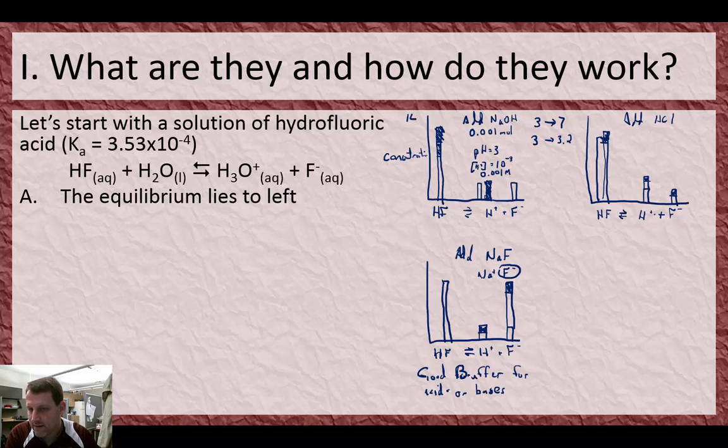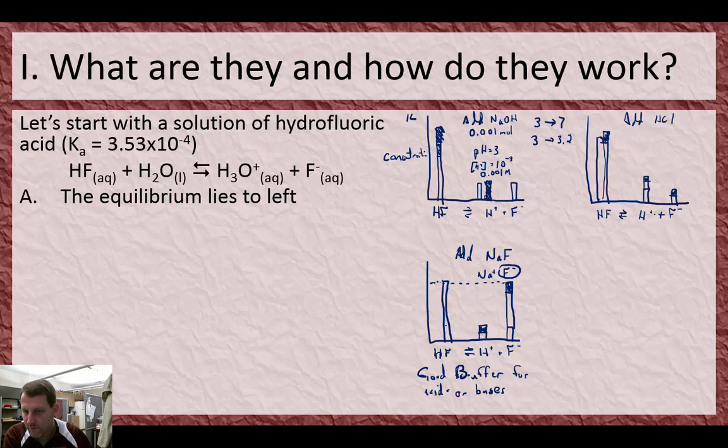And remember, we got there by taking a conjugate acid and adding in its conjugate base, adding in more F-. Now, buffers are at their best when it's a 1-to-1 ratio. So when the F- and the HF are equal concentrations, you get the best buffer you can for that concentration. The other thing we can do is try to raise these concentrations as much as we possibly can, so we want to get them both up really high.